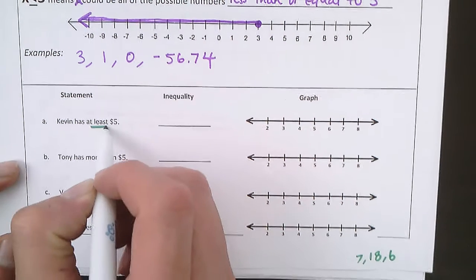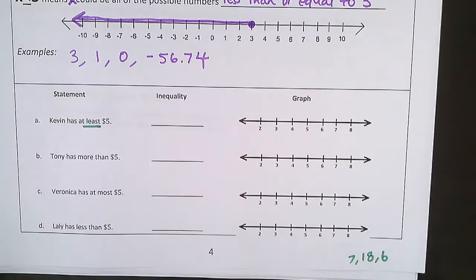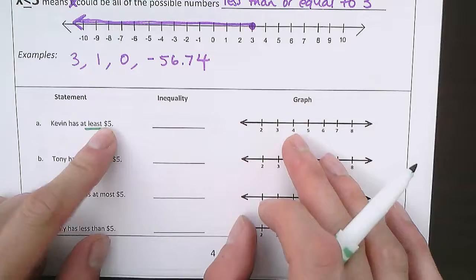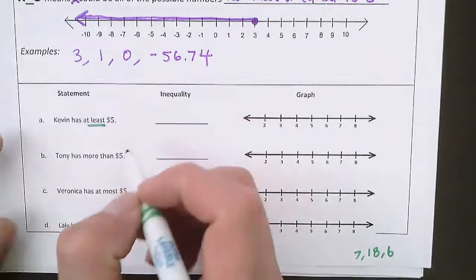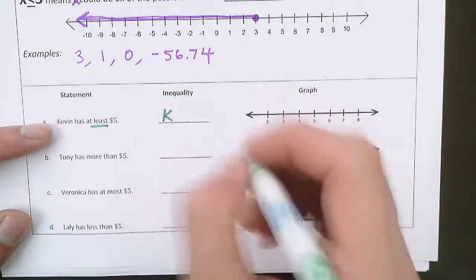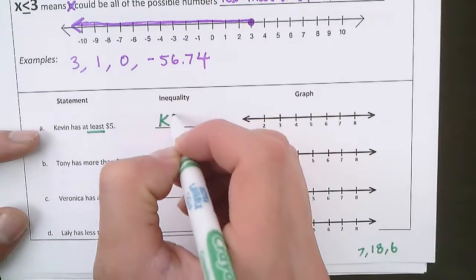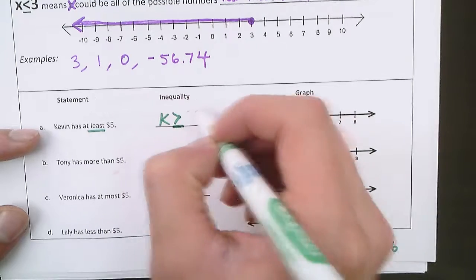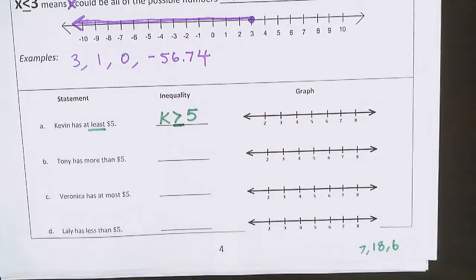Well, if it's at least this amount, we know that he has more than $5, or he could have $5 exactly. So we're going to use the variable, let's just say K for Kevin, and he has K greater than or equal to 5.